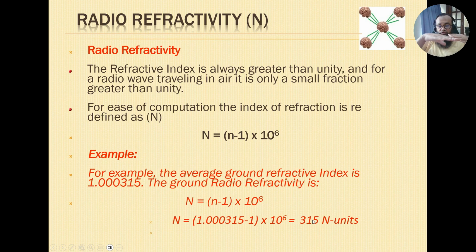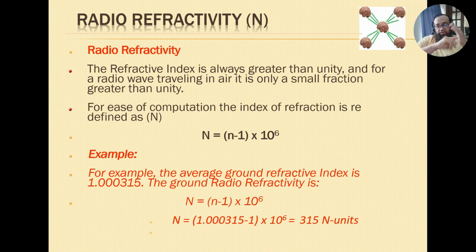Now, if you have 4 layers and one layer is 315, the second layer is 320, the third layer is 345, then it's easy to understand. You can see very easily that the refractive index is increasing. The numbers are simple, like 326, 325, 45 or 95.